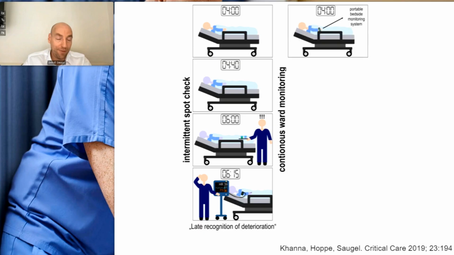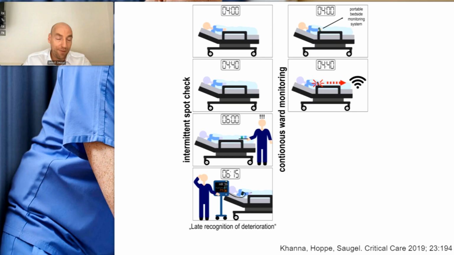Imagine if this patient would have portable bedside monitoring of vital signs, wearable sensors, sensors attached to the body, sensors like finger rings or watches. If that patient would have such a wearable wireless monitoring system, we would instantly recognize clinical deterioration.